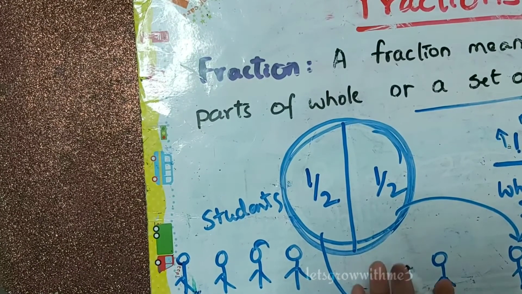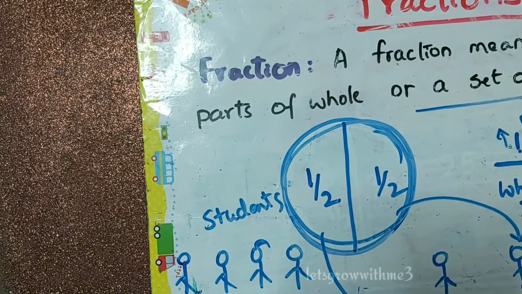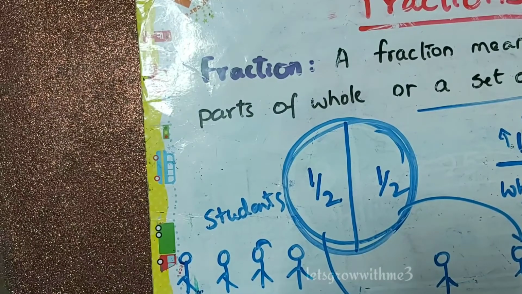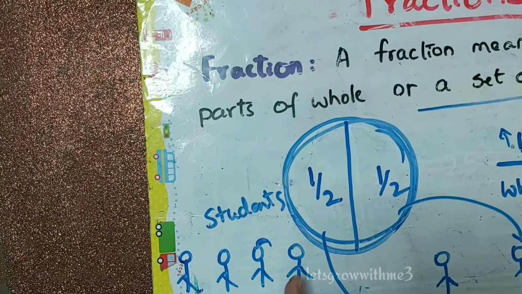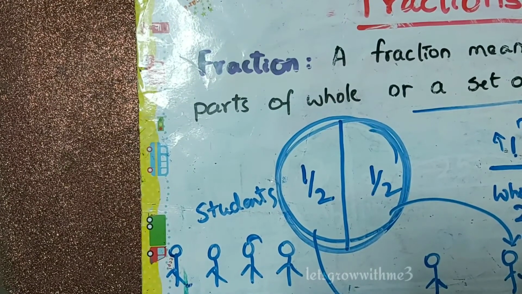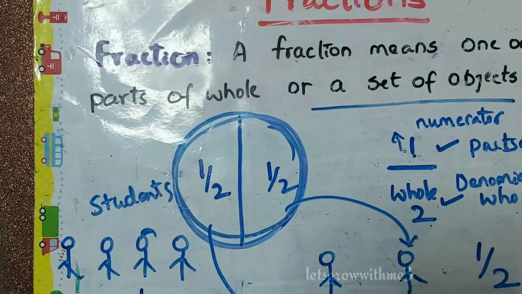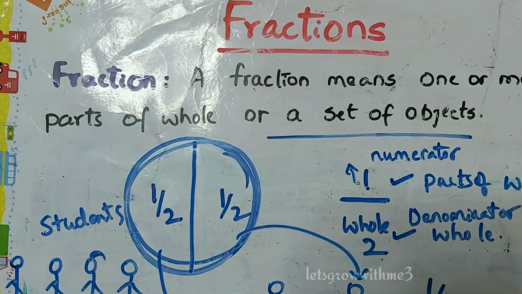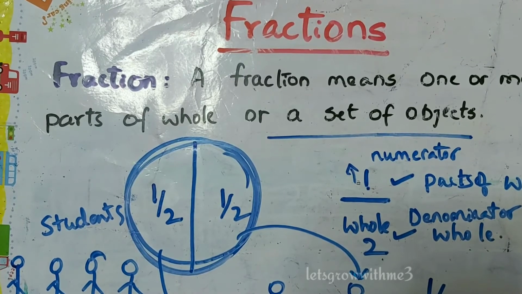In the numerator we write whatever they ask, and the denominator will have the whole value, which here means the total number of students, which is 4. What is the part of the whole? Out of 4 students we have one girl, so the fraction is 1 over 4.